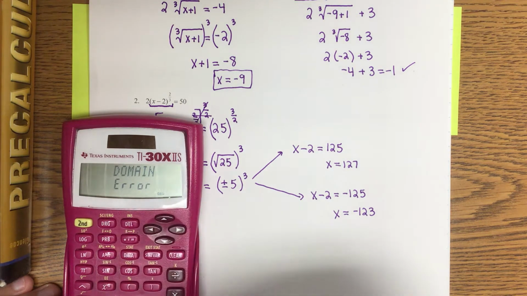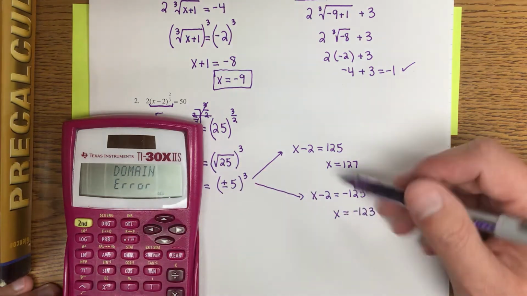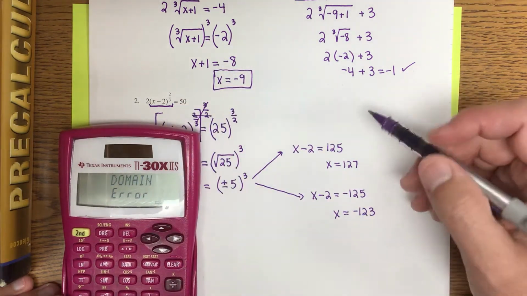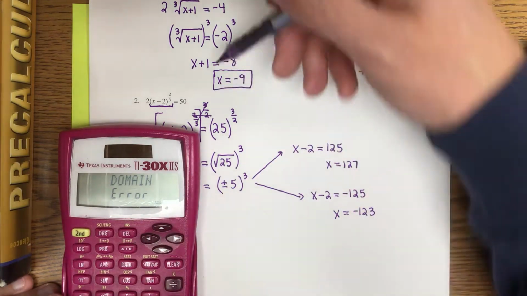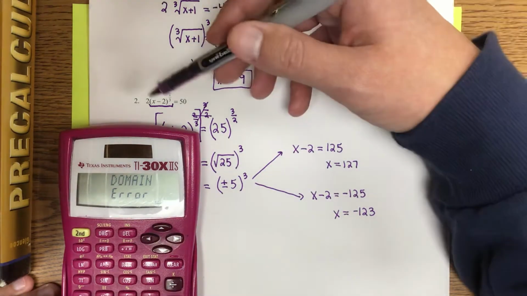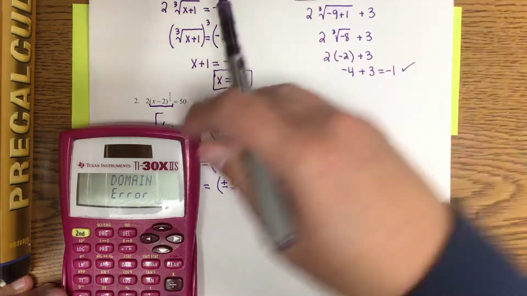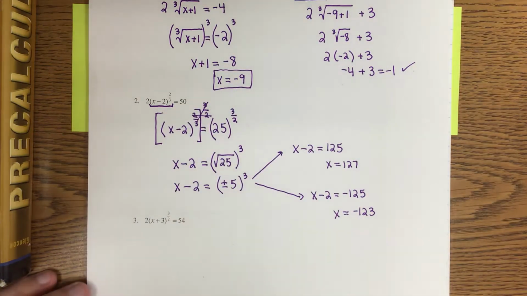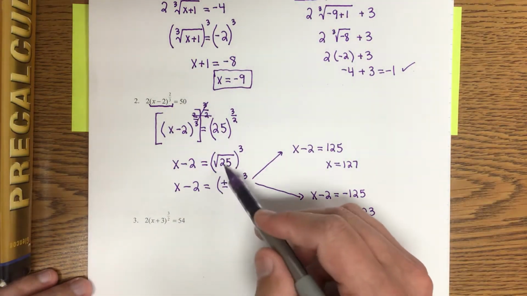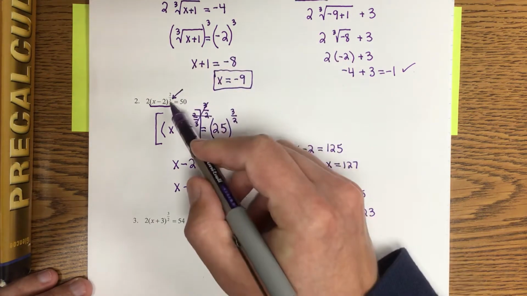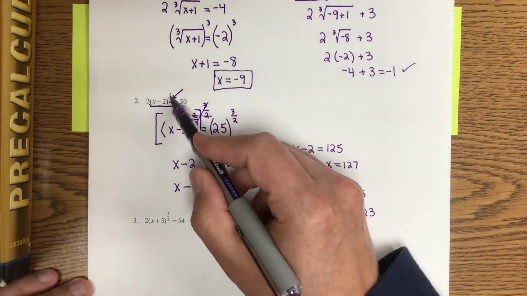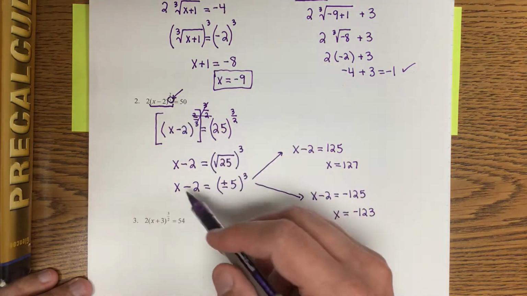The calculator gets a domain error for plugging in -123. And the reason why it gets a domain error is because it thinks it's taking the root of a negative number. But I want you to look at the original problem. I know here we took the square root, but what type of root are they taking here? Right? So they are taking the cube root, and you can take the cube root of a negative number.